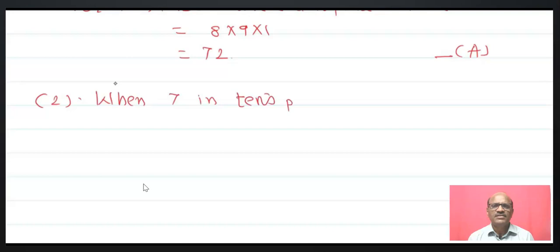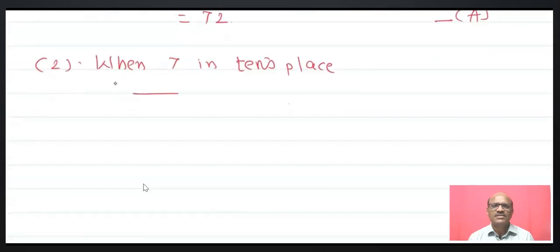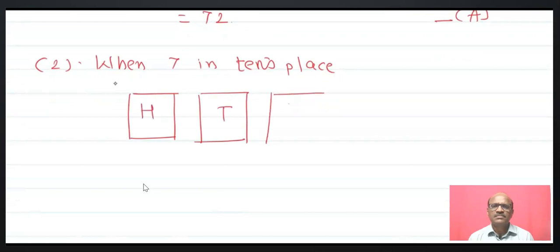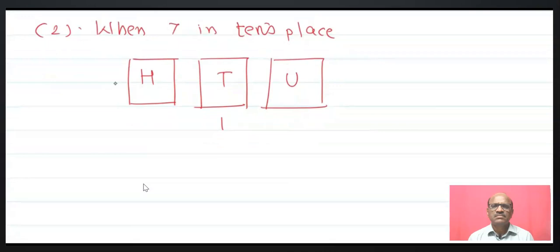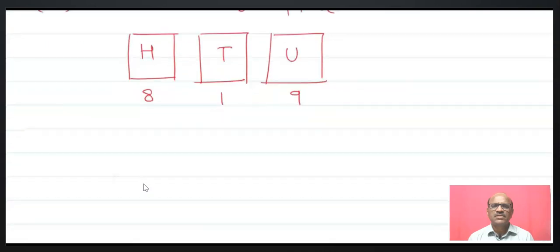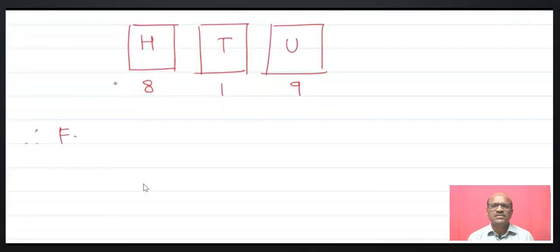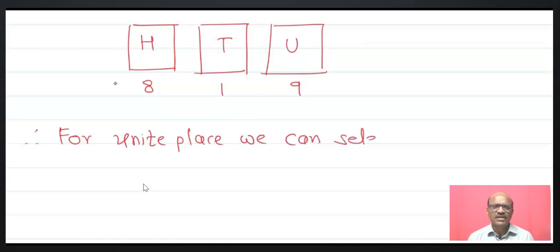When 7 is in the 10th place, in this way again, in the 10th place, that is 1 time, unit place 9 times, and the 100th place 8 times.